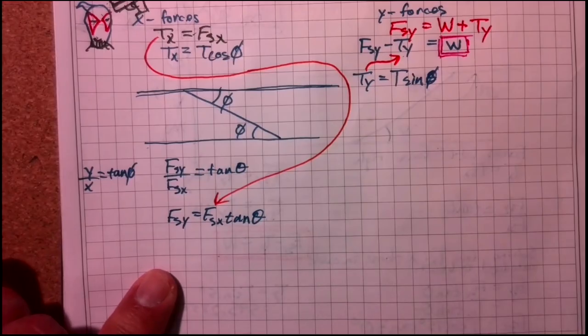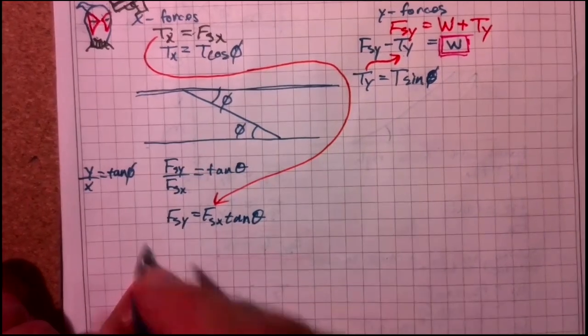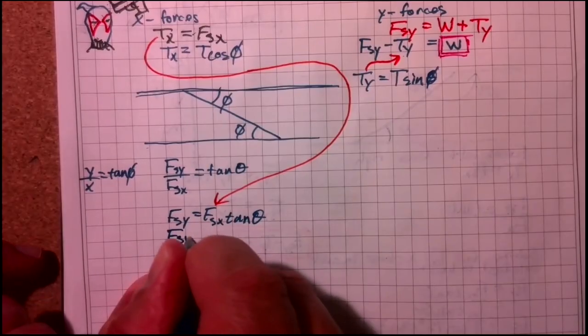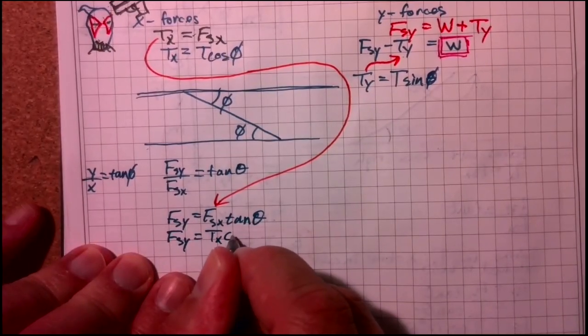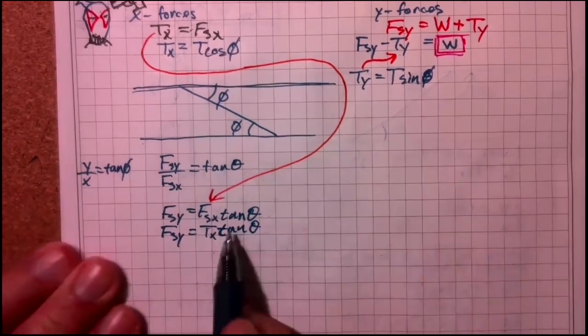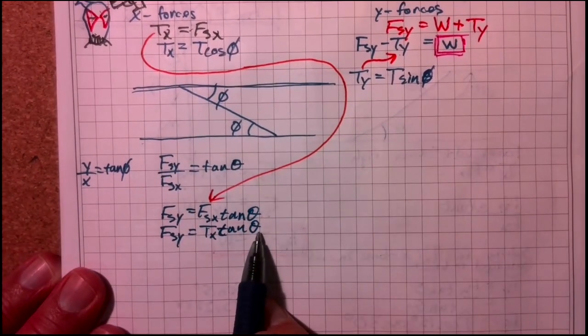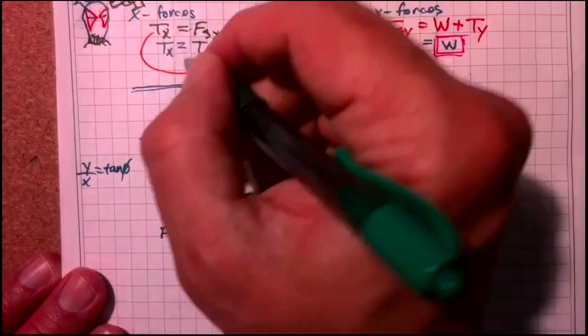I'm going to rewrite this. I'm going to substitute in there for T of x. So this will be F of s of y equals T of x times tangent of the angle theta there. And now I'm going to substitute in for T of x because I know what that is.